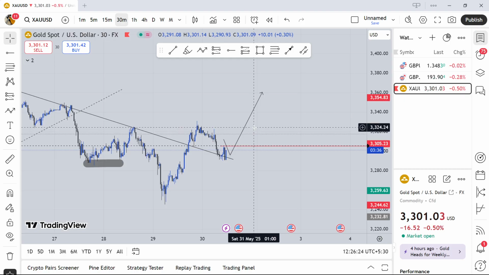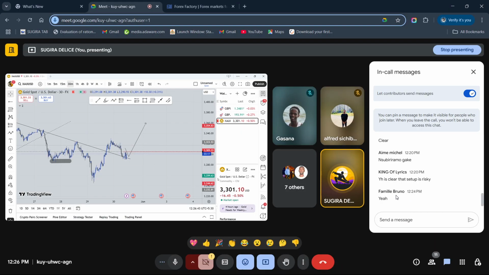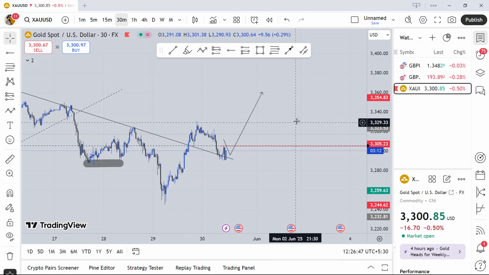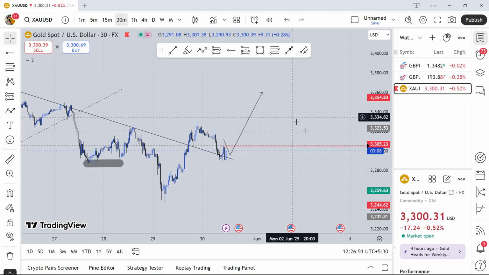I can do this analysis on my laptop, but maybe I want to go somewhere else, so it will notify me on my phone. This account is the same account I use to log in on my phone, so I will link them, and from there it will give me a notification once the market reaches this level.